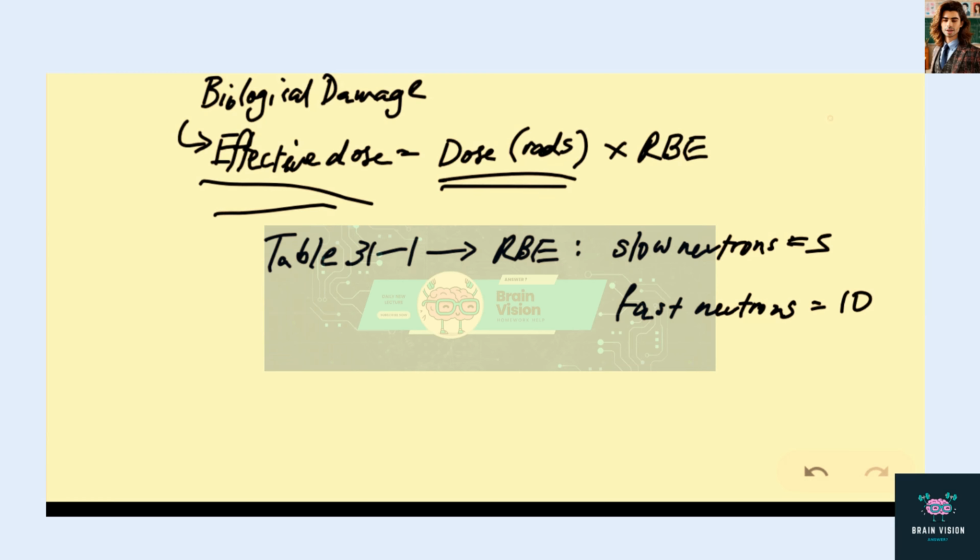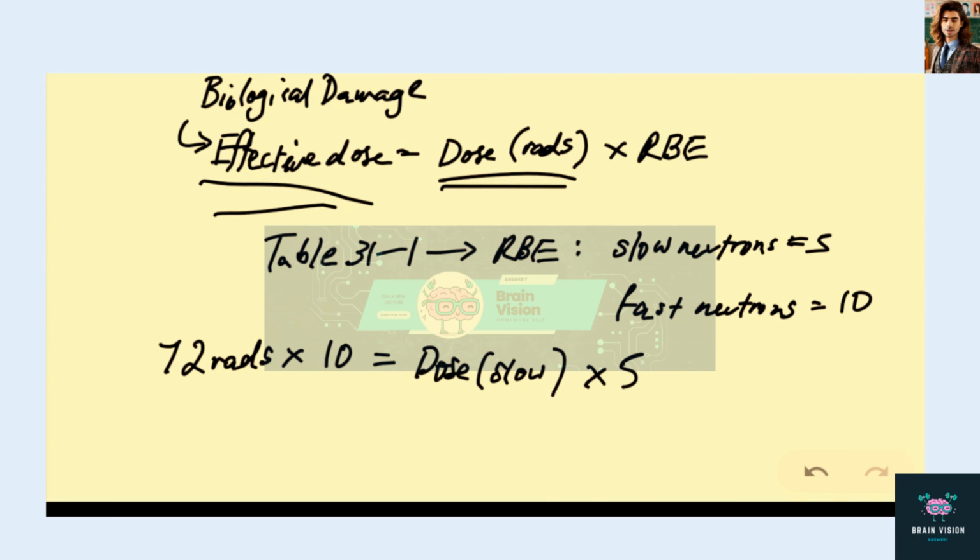So what we have to do is to simply equate the dose multiplied by the RBE to be equal to each other. So the dose we are given for the fast neutrons is 72 rads multiplied by the RBE, which is 10, must be equal to the dose for the slow neutrons multiplied by 5, right?